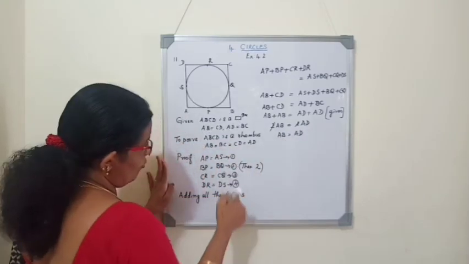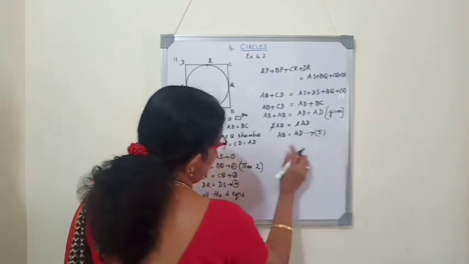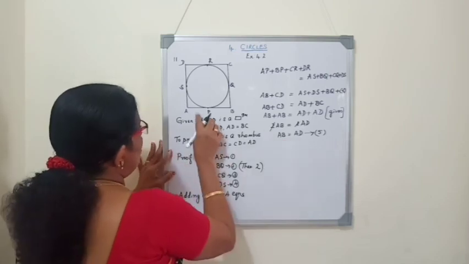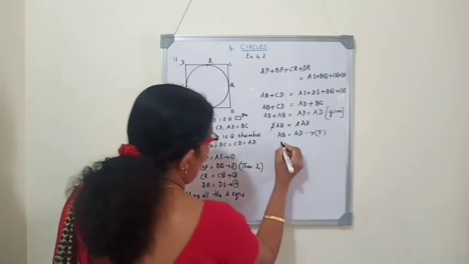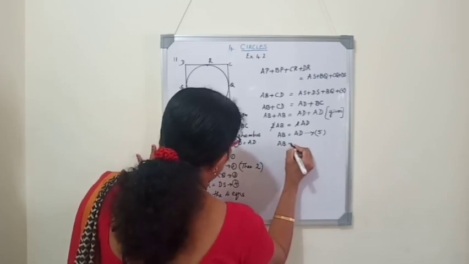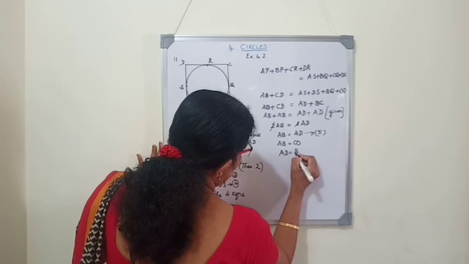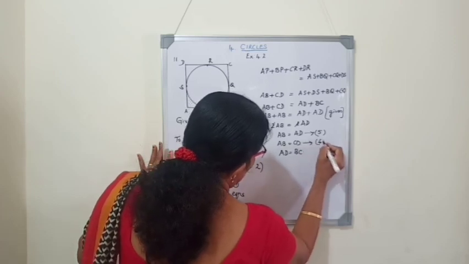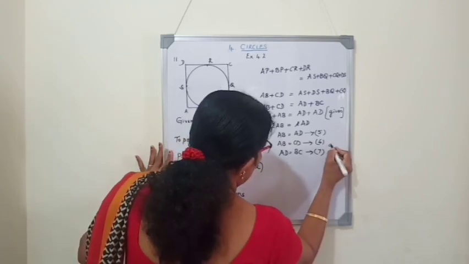As we have written 4 equations, let me write this as the 5th equation. So here we proved that AB is equal to AD. Already we know that AB equals CD and AD equals BC. This is given. This is 6 and this is 7. These 2 equations we got from given.